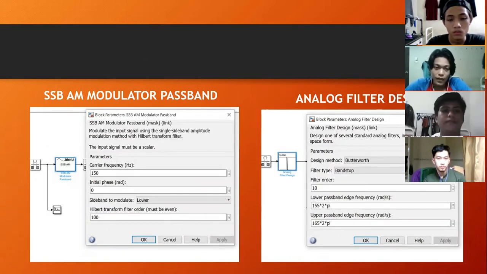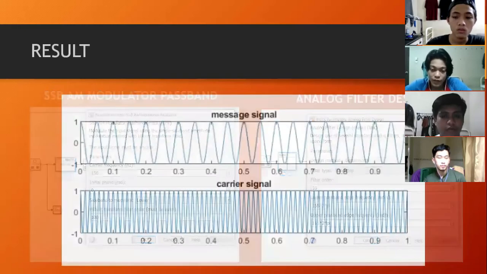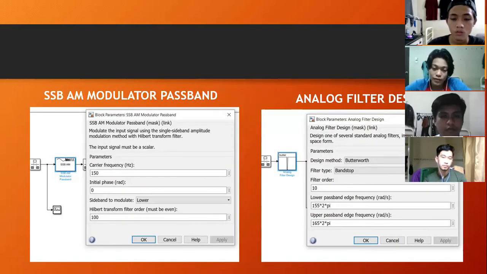For SSB AM modulated passband, the carrier frequency we use is 150. For analog filter design, the filter order we use is 10, lower passband edge is 155 multiplied by 2 and multiplied by pi, and upper passband edge frequency is 165 multiplied by 2 and multiplied by pi.